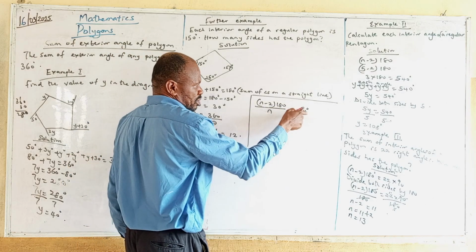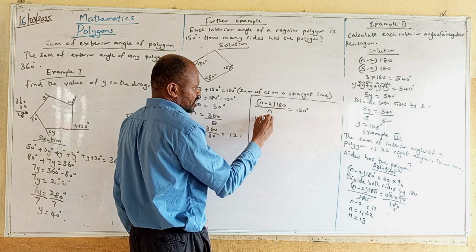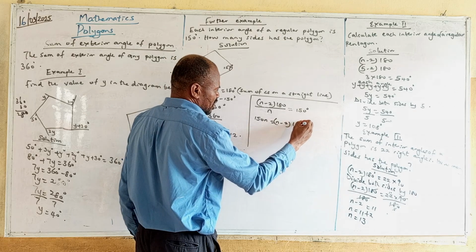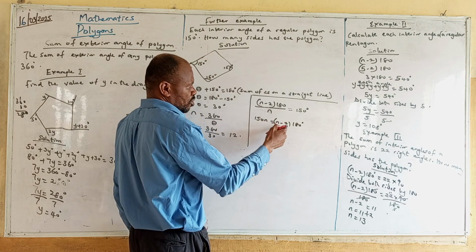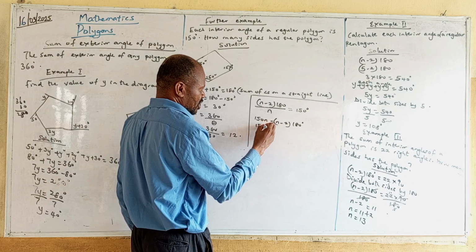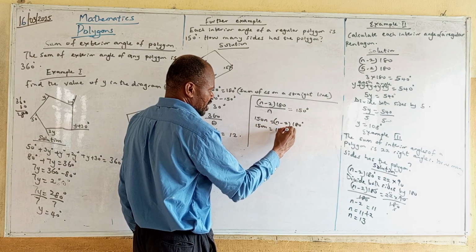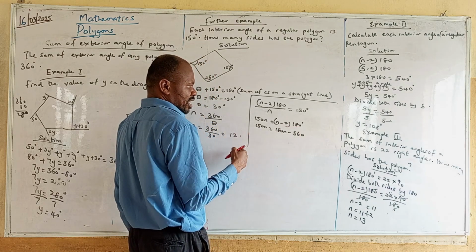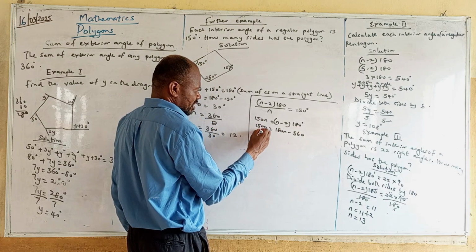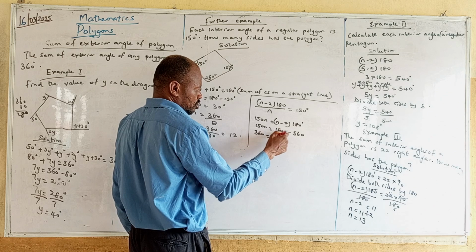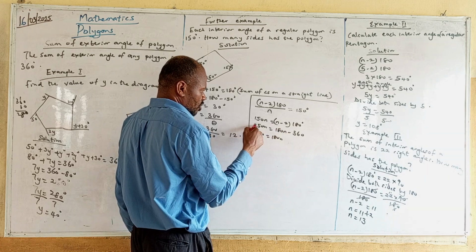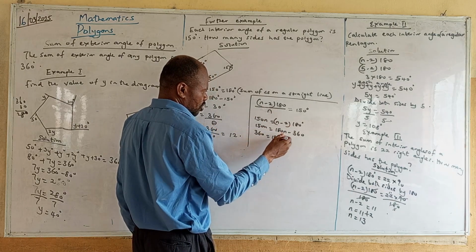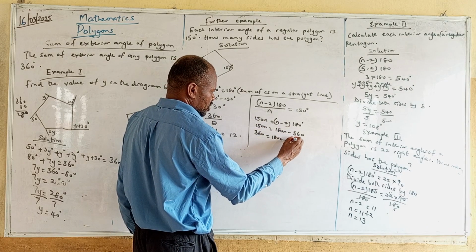If I cross multiply here, I will have 150n equals (n minus 2) times 180. Then I will open the bracket: 150n equals 180n minus 360. If I collect like terms, I have 360 equals 180n, which has plus, crossing the equal sign it returns to minus 150n.